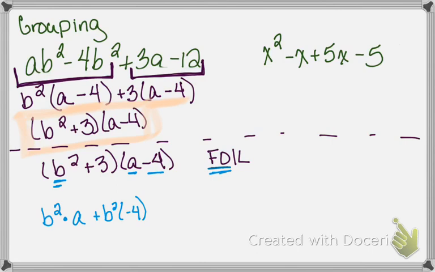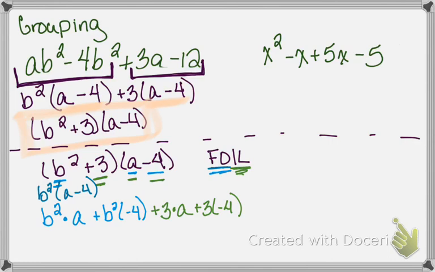Then I've got to do my 3. My 3 is multiplied times my A, and then my 3 is multiplied times my negative 4. That's my I and my L. Now, we don't ever write this step down, but what I am doing when I do F and O is b squared times A minus 4.